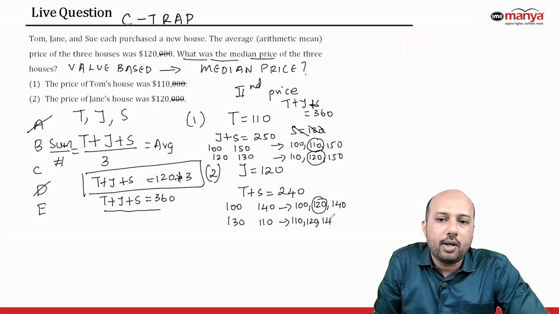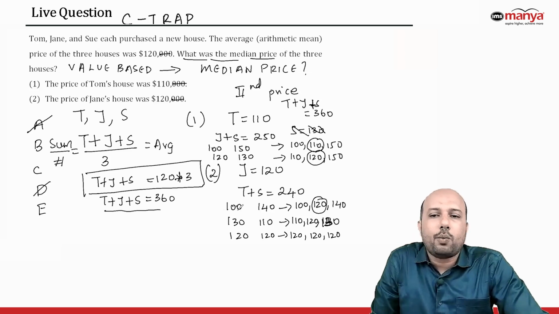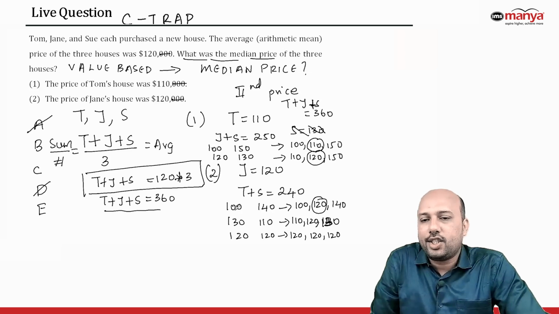Now maybe they are split evenly. If they are split evenly, then 120 and 120, the median would still be 120. Irrespective of whatever values of T and S you give, the median is going to be that 120 only. It is not going to change.